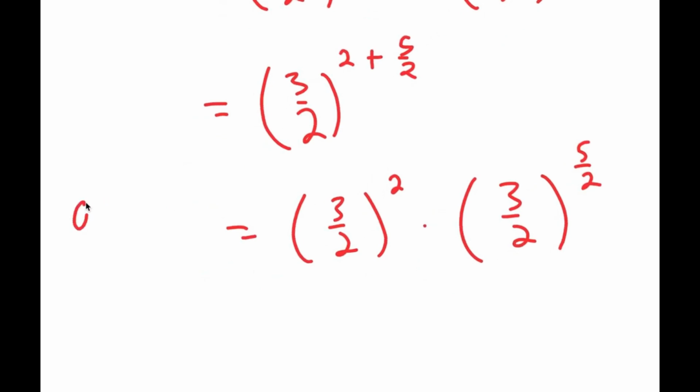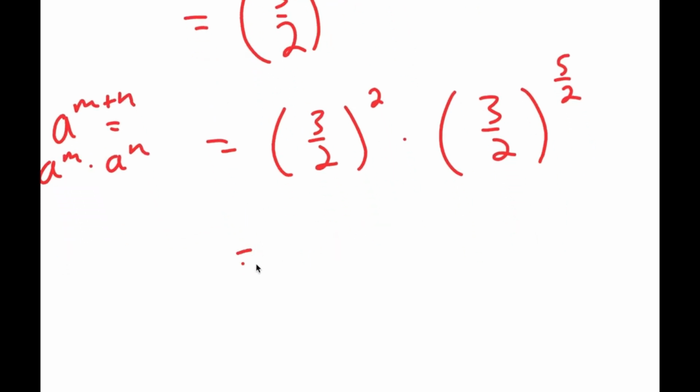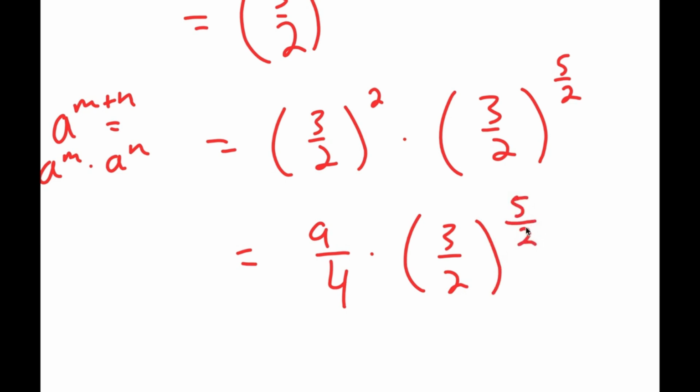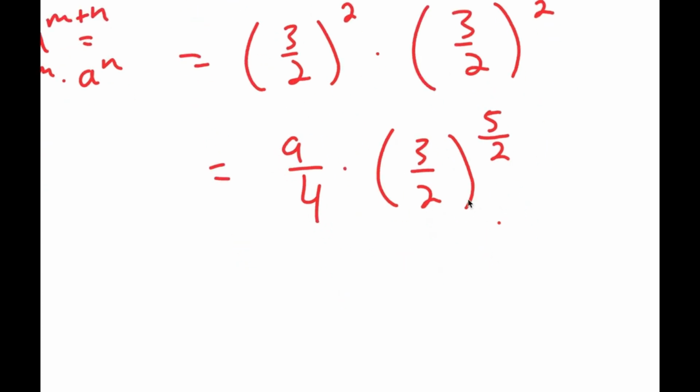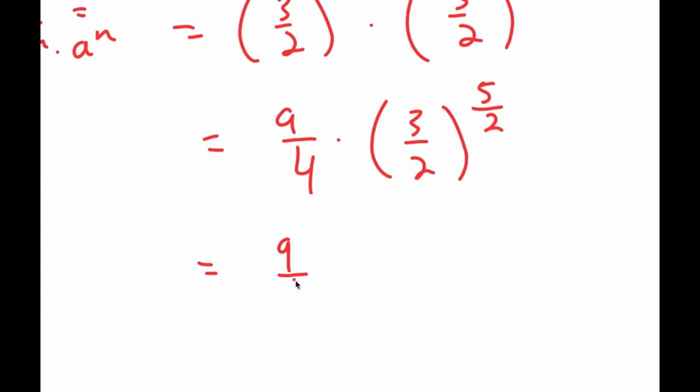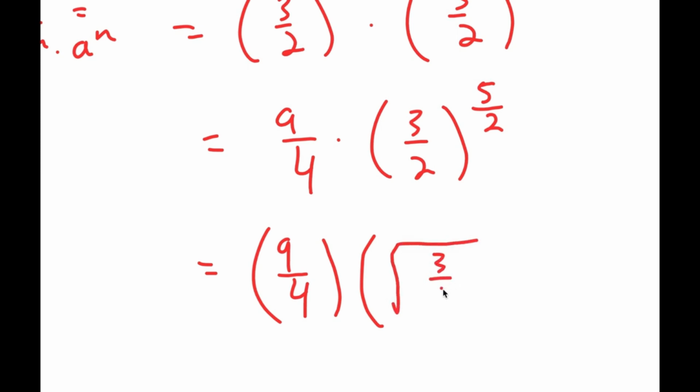Because if I have something in the form a to the power of m plus n, this is equal to a to the power of m times a to the power of n. Now (3/2) squared is 9/4, so I have 9/4 times (3/2) to the power of 5/2. And (3/2) to the power of 5/2 is the same thing as the square root of (3/2) to the power of 5.